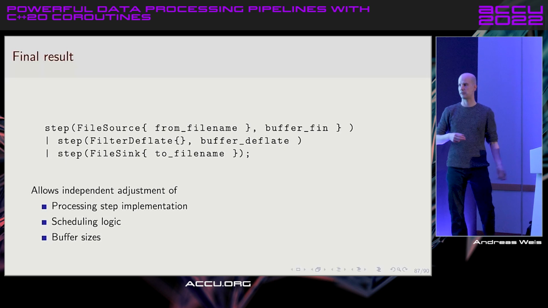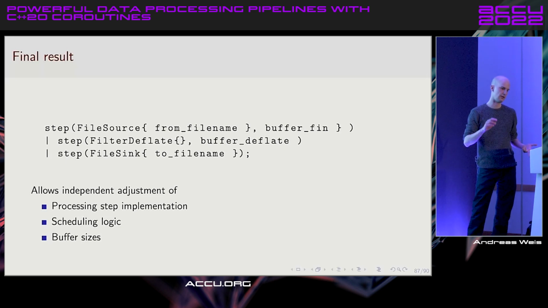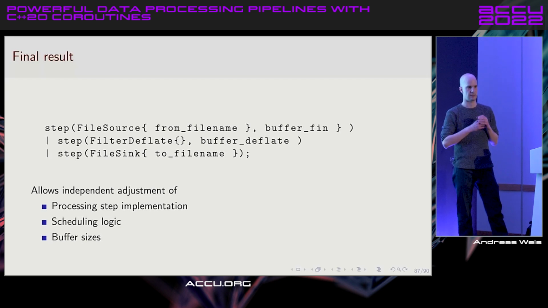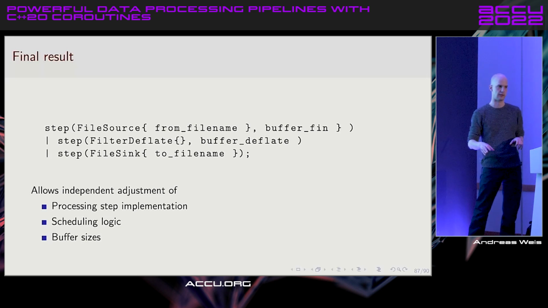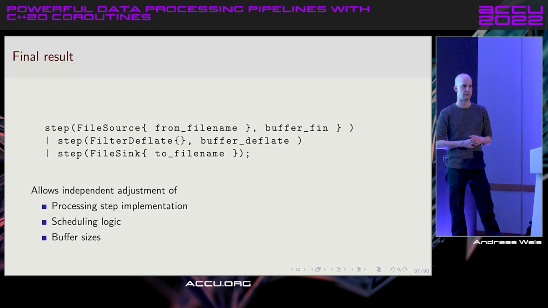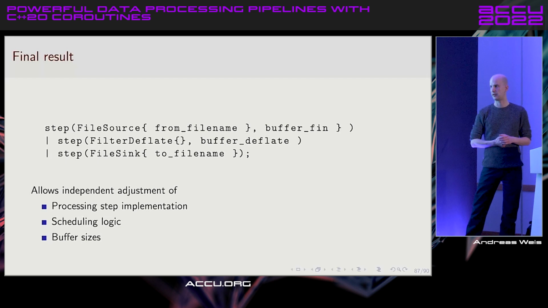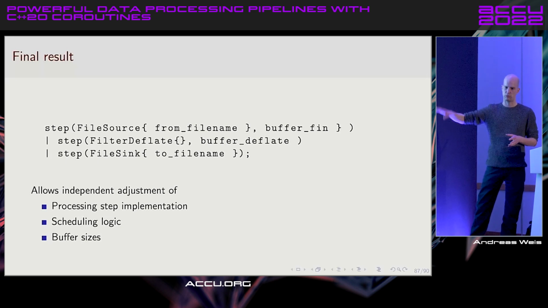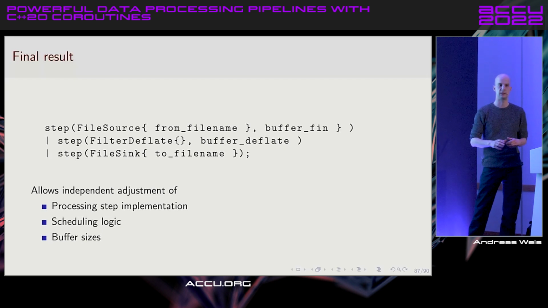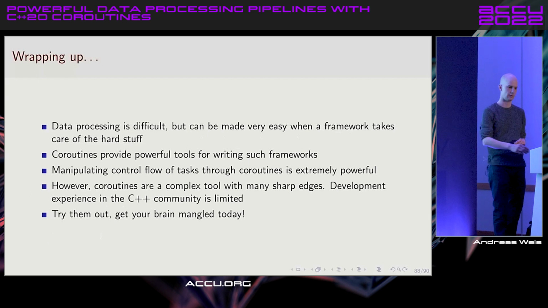I can implement the processing step, I can change the scheduling logic, I can adjust buffer sizes, and all of these are very localized changes, right? So it's a very well separated architecture. I'm sure you can also achieve this without the use of coroutines, but I think, especially if you have all of the difficult low-level stuff out of the way, once that is done, it's actually a system that can be quite elegant and quite maintainable.